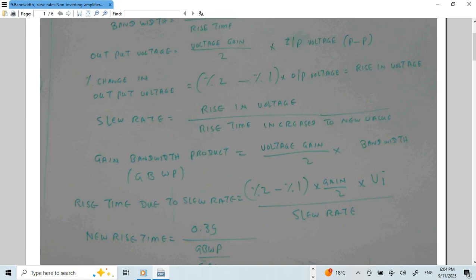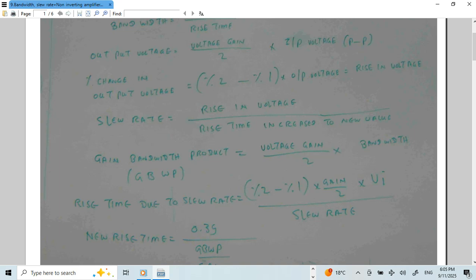And also the rise time due to slew rate. When the slew rate happens, the rise time will also change. So this is the rise time due to slew rate. The formula is percentage 2 minus percentage 1, multiplied with gain, multiplied with input voltage VI, divided by slew rate.